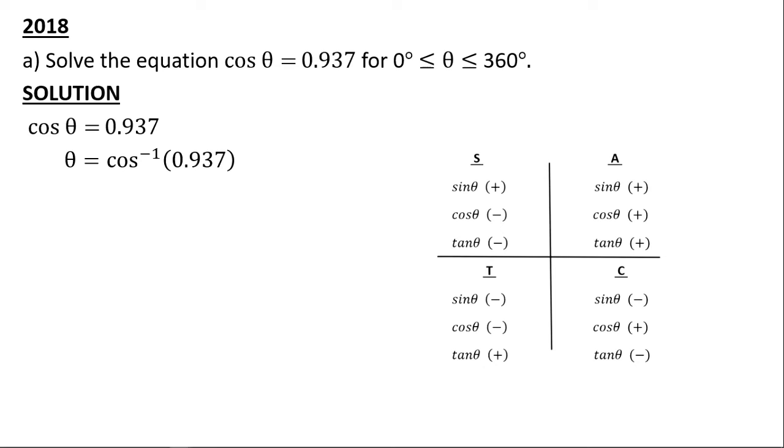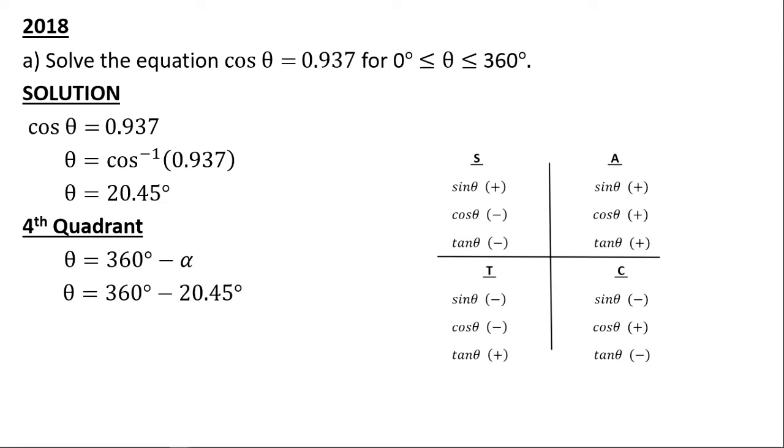Then we have to find cos inverse of 0.937 to find theta. Our theta will be equal to cos inverse of 0.937. Our theta will be equal to 20.45 degrees. That is in the first quadrant. In the fourth quadrant, theta equals 360 degrees minus alpha. Where there's alpha, we'll replace our 20.45 degrees.